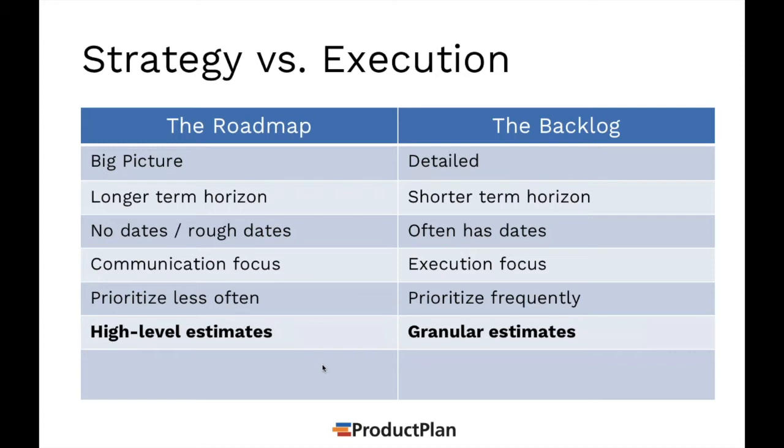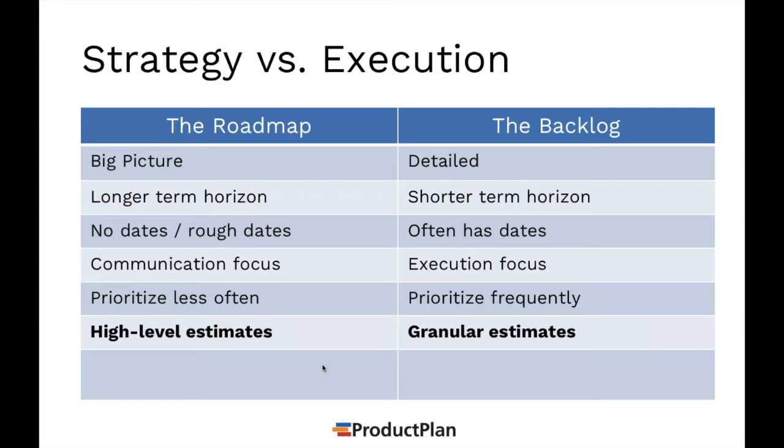Now, on the roadmap side, the estimates are very high level. We did receive a few questions around estimation, and we'll touch on that a little bit. But the estimation for the roadmap is often at the t-shirt size. So is this thing that we're considering small, medium, large, or extra large? Now, the backlog, of course, has much more granular estimates.